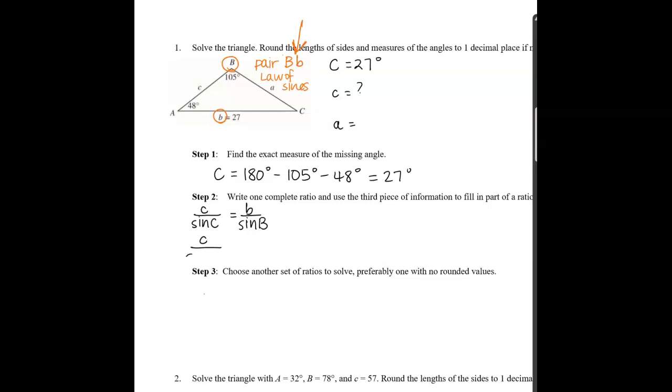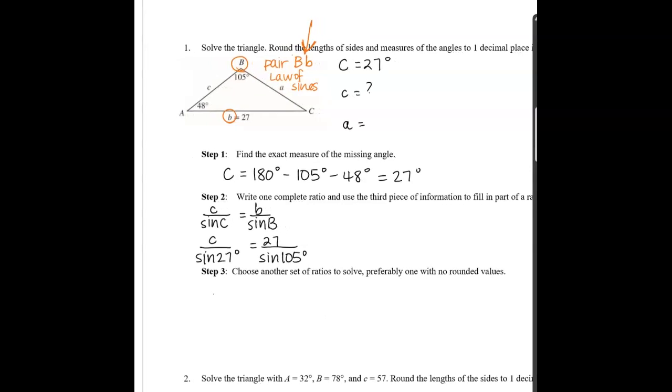So little c is what we're trying to solve for. We know that capital C is 27 degrees. We can also look at the triangle and see that little b is 27 and that capital B is 105 degrees. So we've plugged everything in, and now in this equation to solve for little c, we need to get rid of that sine 27 that's in its denominator.